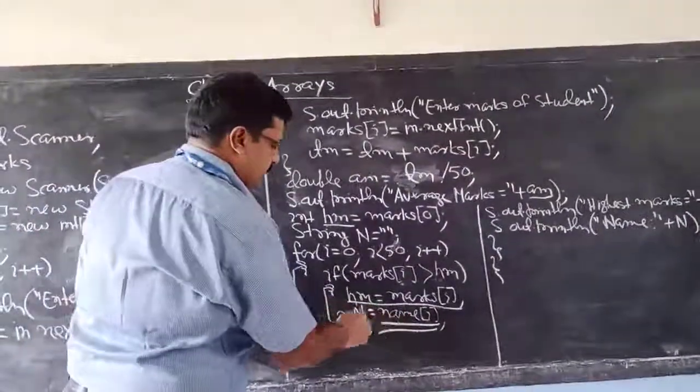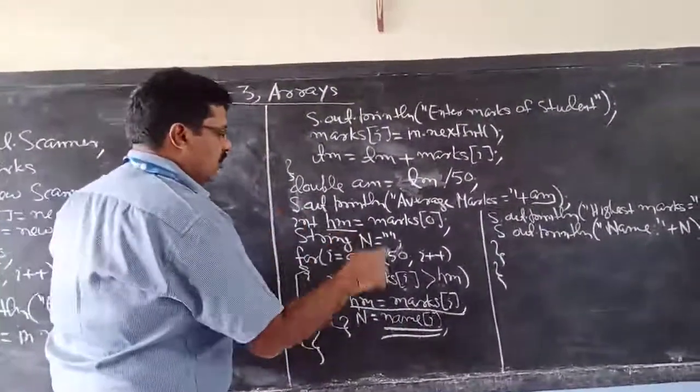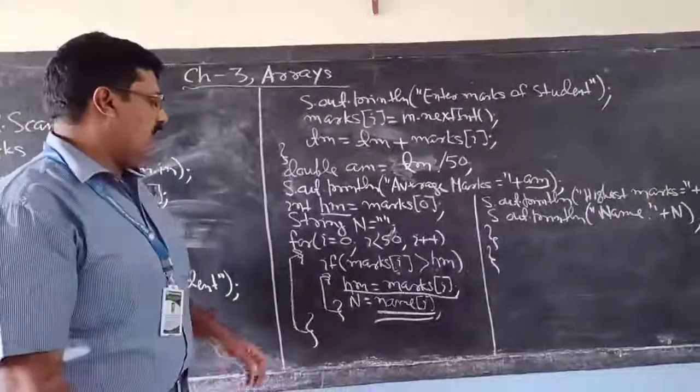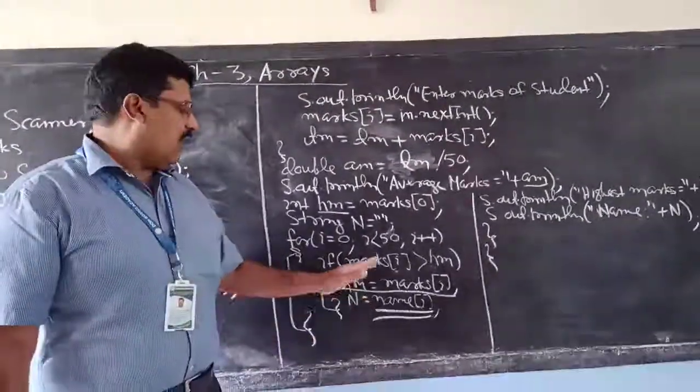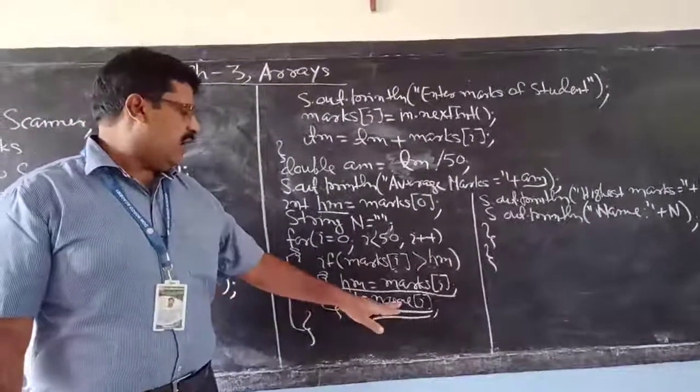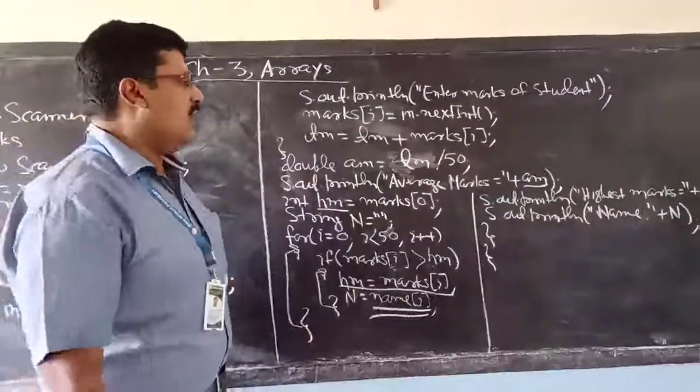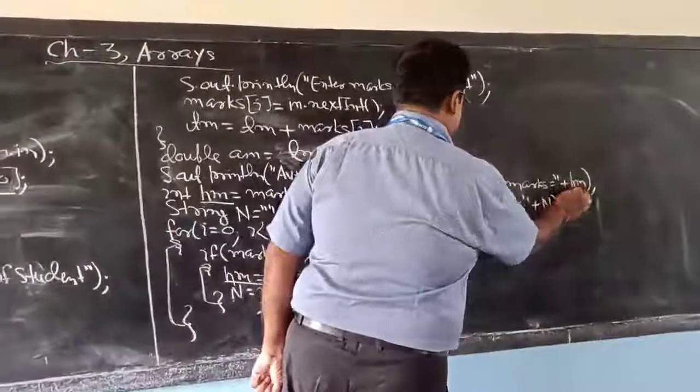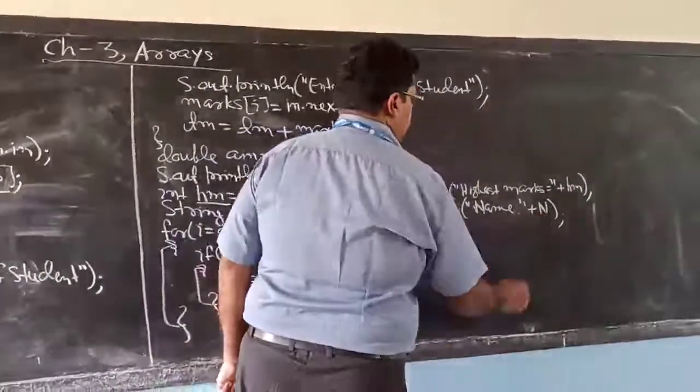So the linear search loop continues, and finally the highest marks will be stored in HM and the name will be stored in n. Then print the highest marks, HM, and print the name, n.